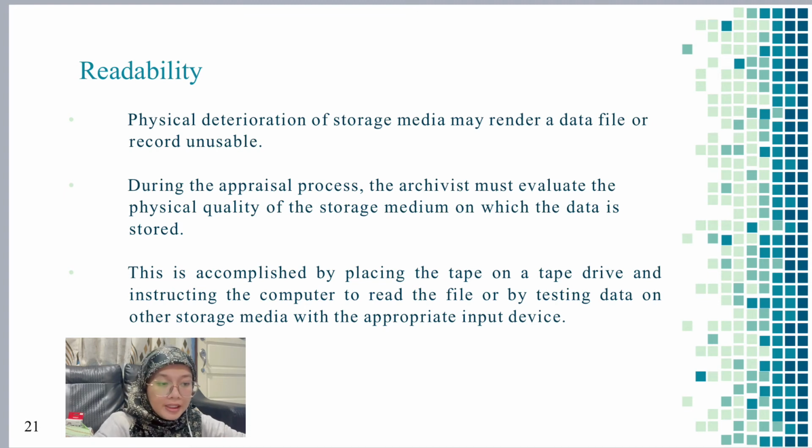The third point states that when some data cannot be read, what you can do is place the tape on a tape drive, and it will instruct the computer to read that file. Or another way is by testing data on other storage media using a suitable input device.